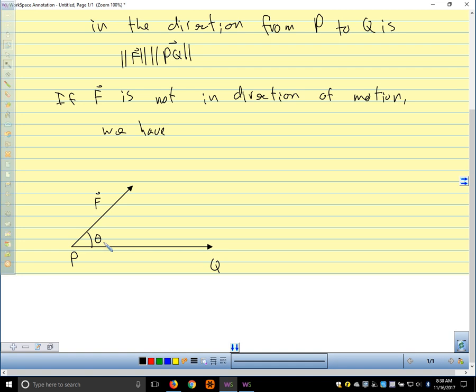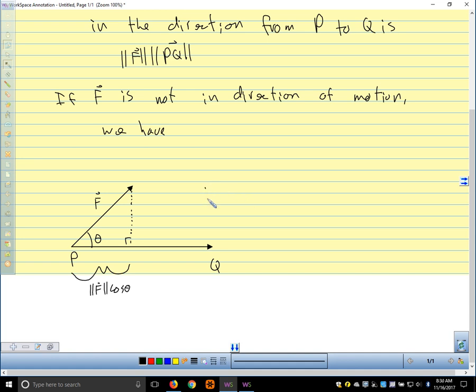Only the force that's in the direction of motion does work on whatever the object is. Well, the force that's in the direction of motion, we can draw a nice little triangle here. The magnitude of the force in the direction of motion is the magnitude of F times the cosine of theta, where theta is the angle between those two vectors.